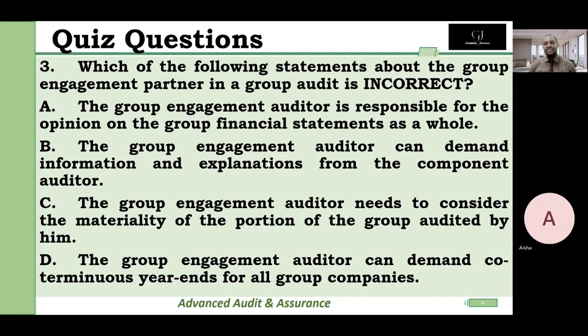D, the group engagement auditor can demand coterminous year-end for all group companies. It's incorrect. I do not know this coterminous, but I think C seems to be the answer. Okay, you're making your pick as C.